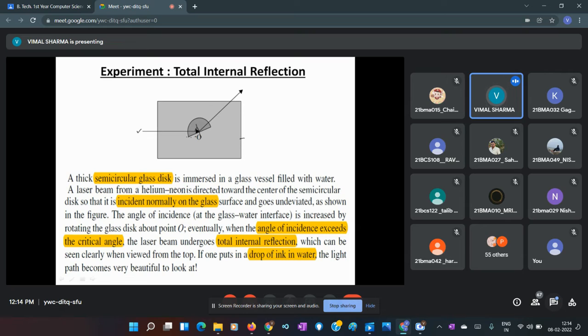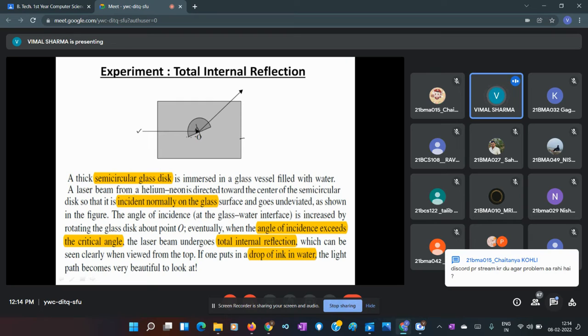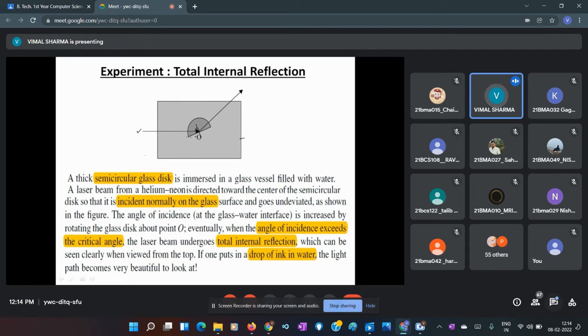Then we can find what the critical angle should be. So at what angle should this laser light be incident at the interface, or what angle should it make with the normal? One thing you can see is that it is going undeflected from here, because the angle of incidence is zero, making zero angle with the normal.